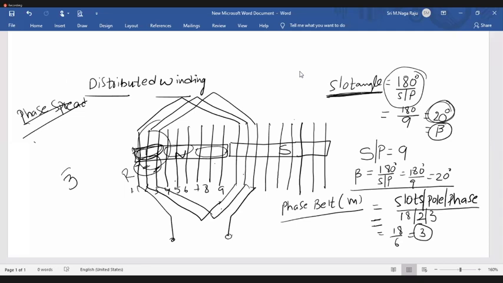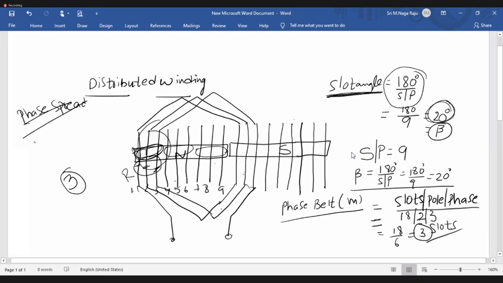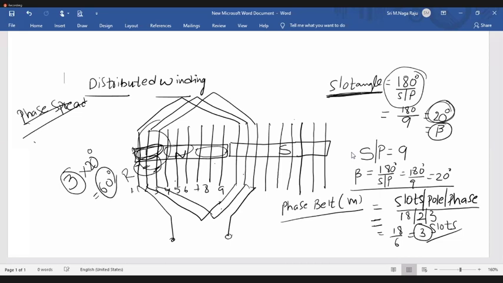Phase belt is 3 slots. Now phase spread is the angle obtained by phase belt, that is 3 into, what is the slot angle? 20 degrees. That is 60 degrees. So the generalized formula for phase spread is m into beta. Here m is the phase belt in terms of slots, beta is the slot angle.